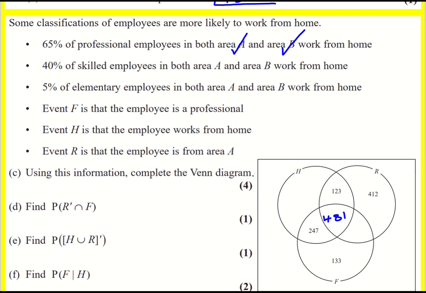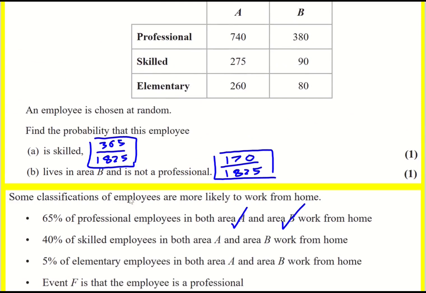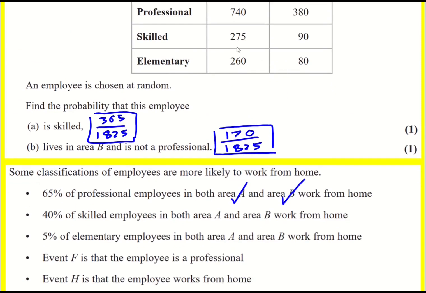5% of elementary employees in both area A and B work from home, and 40% of skilled. So I should have said that one first. Okay, so let's find the number of people who are not professional. That's going to be they're either skilled or elementary, and they work from home. So we've got 40% of skilled.